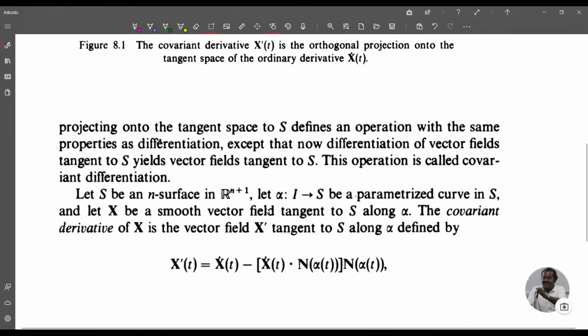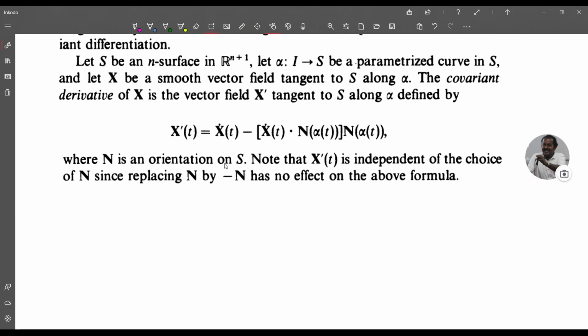Let S be an n-surface in R^(n+1), alpha from I to S be a parameterized curve in S, and let x be a smooth vector field tangent to S along alpha. The covariant derivative of x is the vector field x prime tangent to S along alpha, defined by x prime of t equals x dot of t minus (x dot of t dot n of alpha of t) times n of alpha of t, where n is an orientation on S. Note that x prime of t is independent of the choice of n, since replacing n by minus n has no effect in the formula.